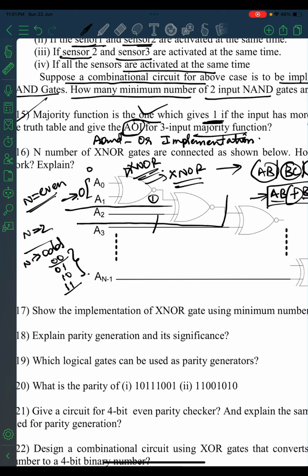Now in the case of this one, if it is 0 0, 0 1, 1 0, 1 1, in all cases the output will be either 1 or 0, right? For the case of 0 and 0, the output of the XNOR is 1. Now if the input A3 is 0, with 1, the output will become 0.